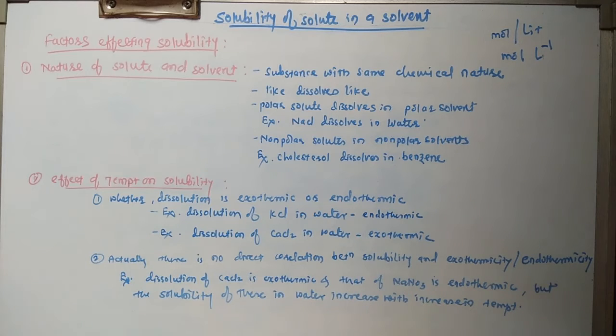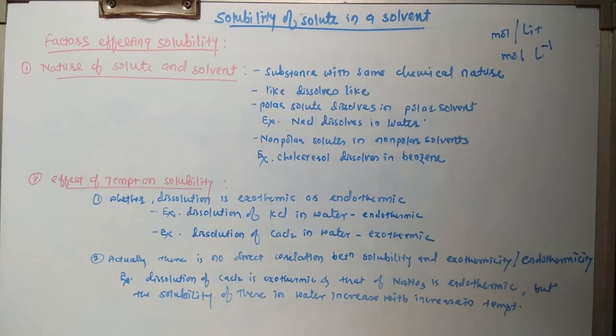That means when we decrease the temperature, calcium chloride can be dissolved effectively in water. Exothermic processes can be favored at lower temperature by decreasing the temperature of the process. So this is the effect of temperature on endothermic and exothermic dissolution.